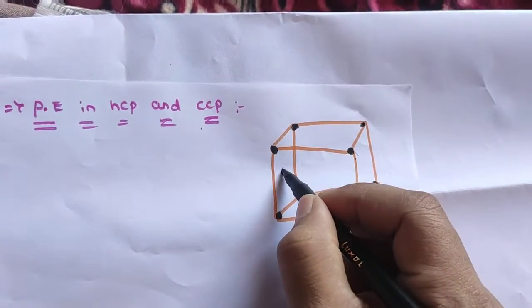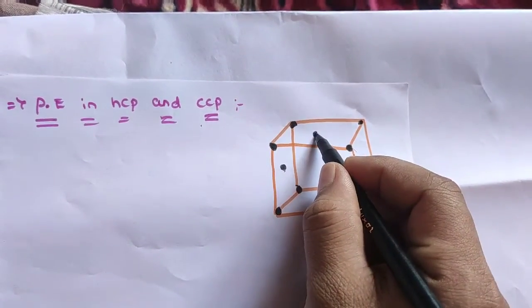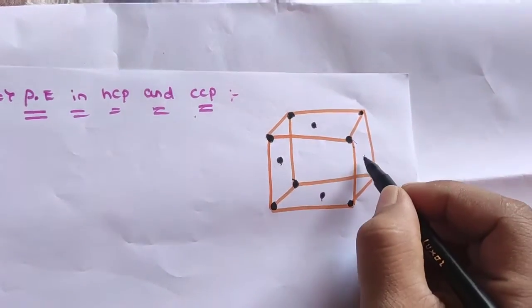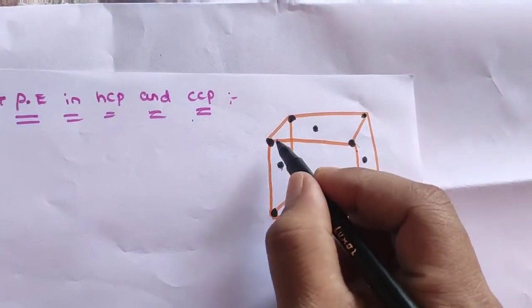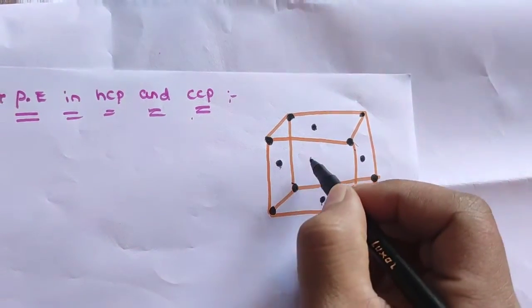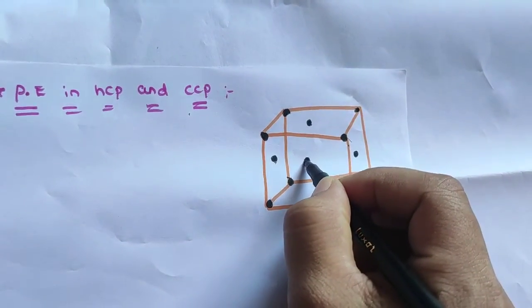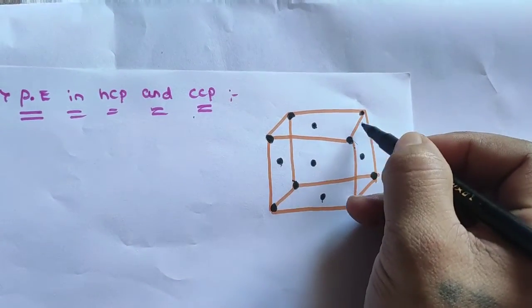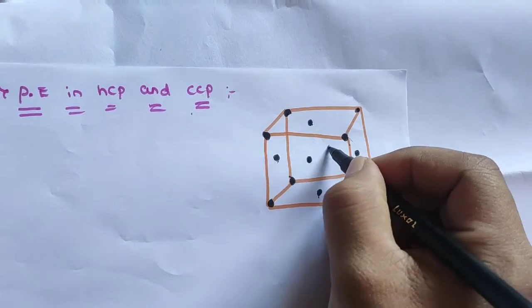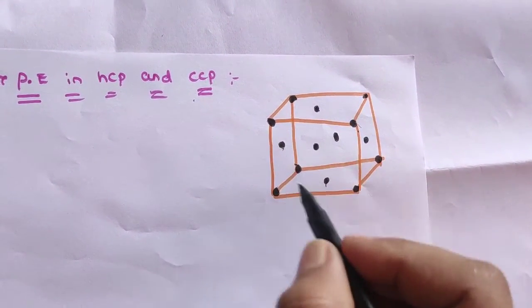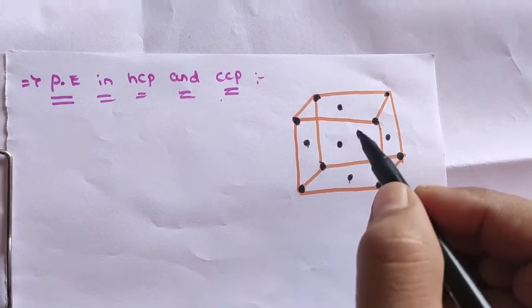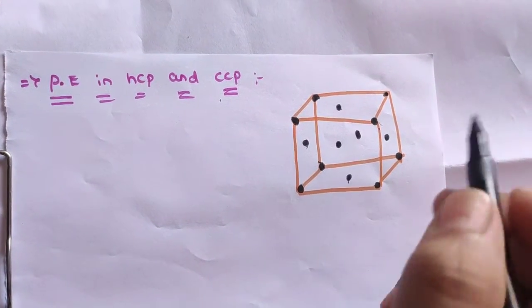See here, this is one face, this is one face, and here another. This is the front face, so you can take one constituent particle here. This is the back side, so this is another constituent particle. So in total the number of face constituent particles in FCC is 6.